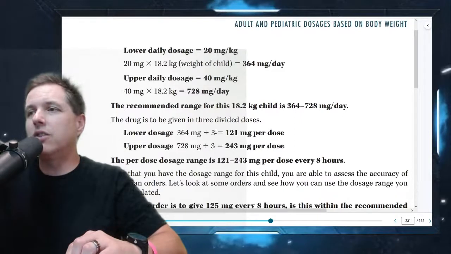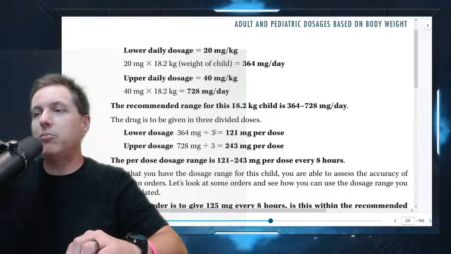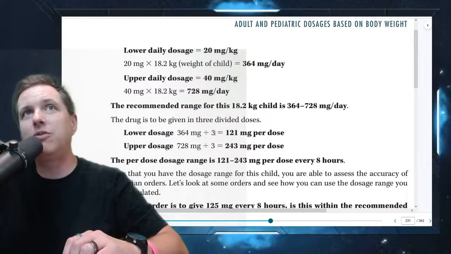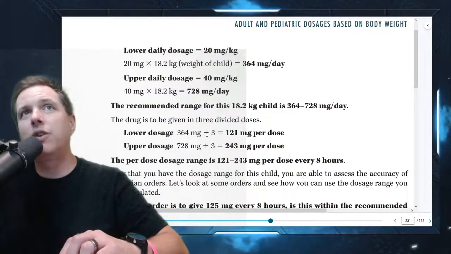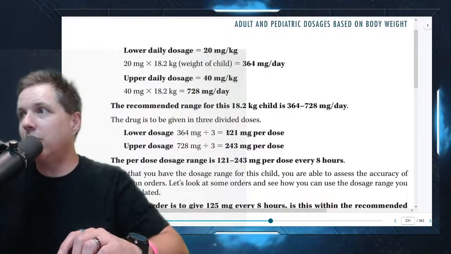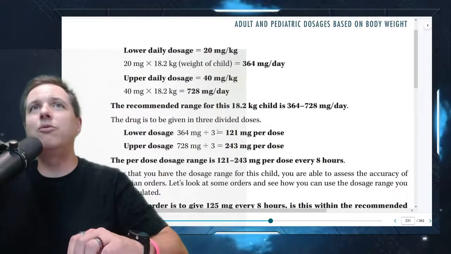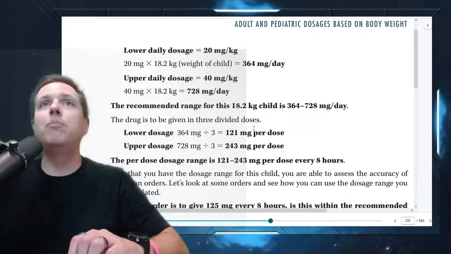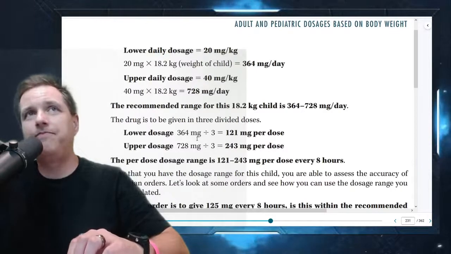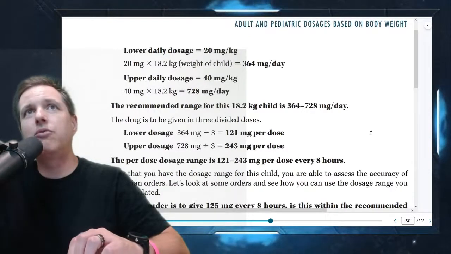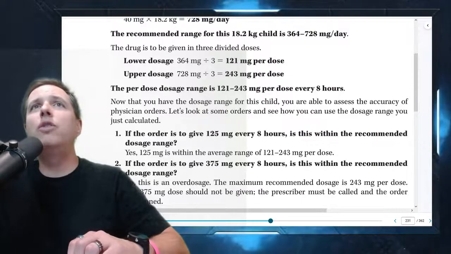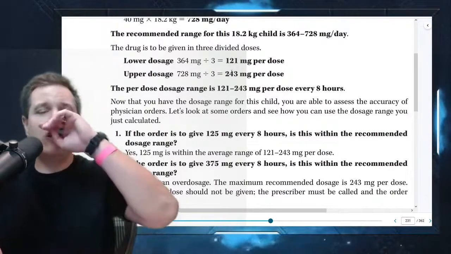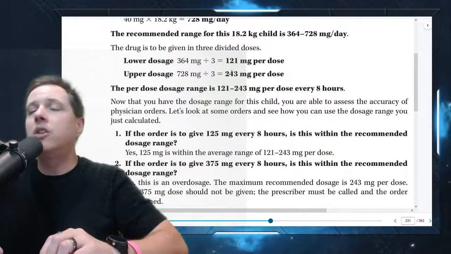We oftentimes use the little squiggly equal sign that means approximately, which is really what they should be using here, and say 364 divided by 3 is approximately 121. The equal sign is technically incorrect, but for what we're doing, it's fine. Just be able to recognize that. So we know the upper and lower amounts for the amount per dose.